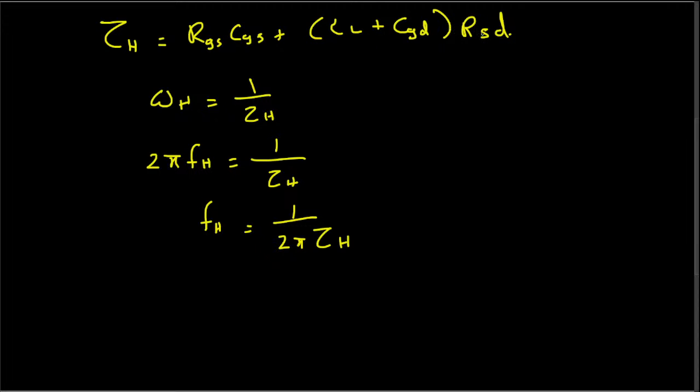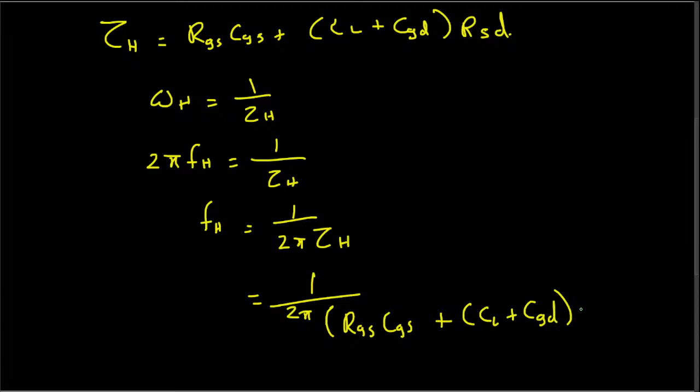So instead of RST, we can also say RGD. So this expression we can express as 1 over 2 pi, and then we bring in all the values, that is RGS times CGS plus CL plus CGD times RGD. Okay, so this is the expression.